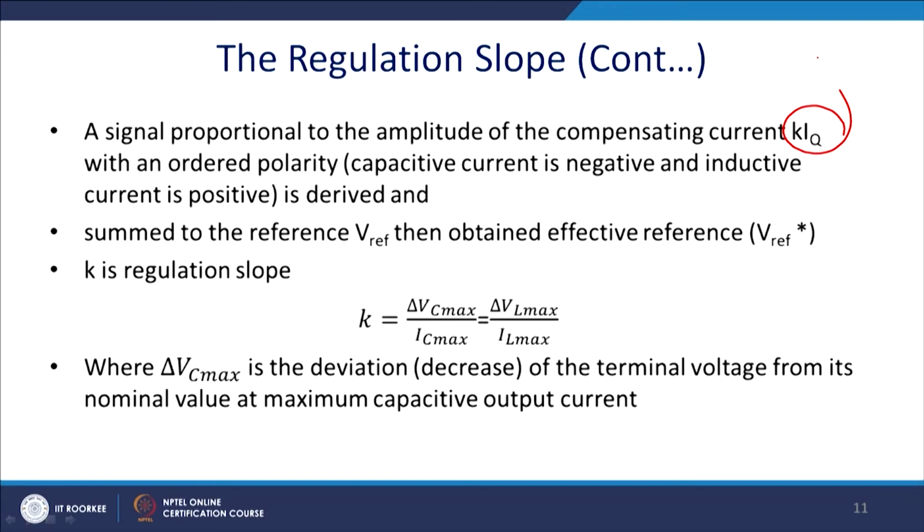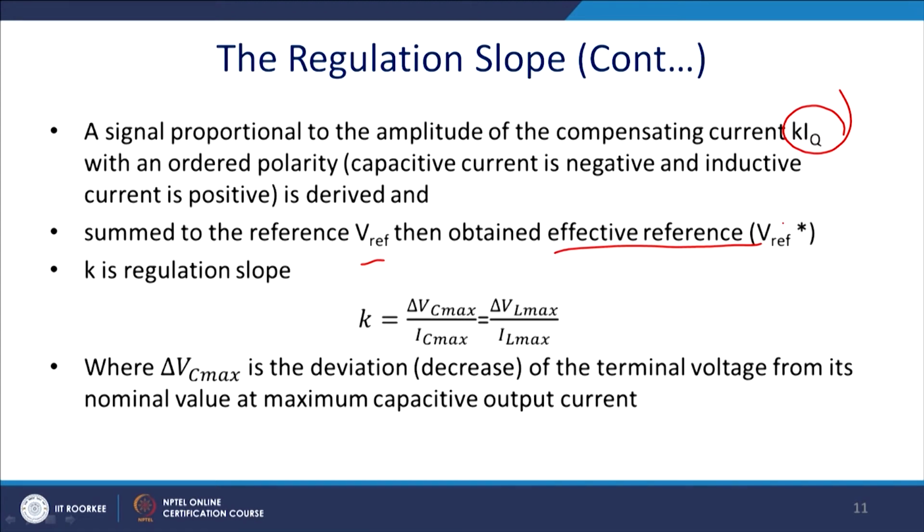A signal proportional to the amplitude of the compensating current, k IQ, with an order of polarity, where capacitive current is negative and inductive current is positive, is derived. It is summed to the reference Vref to obtain the effective Vref, and then the Vref will change dynamically as required by the current.